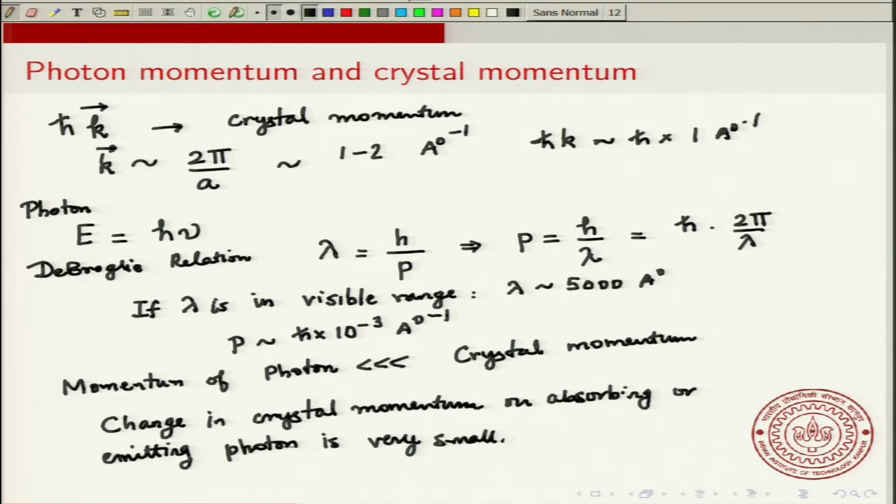That means absorption or emission of a photon is not going to change the crystal momentum. So what does this imply?